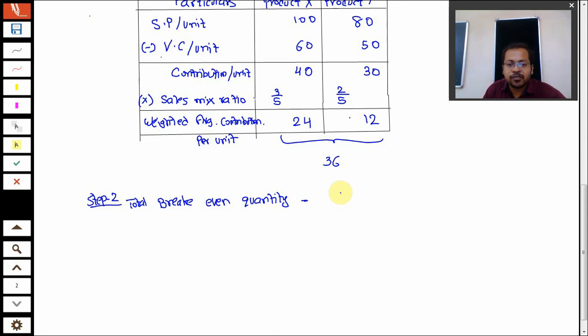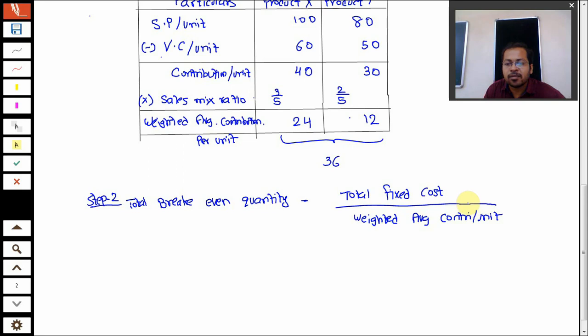So it is total fixed cost divided by weighted average contribution per unit.